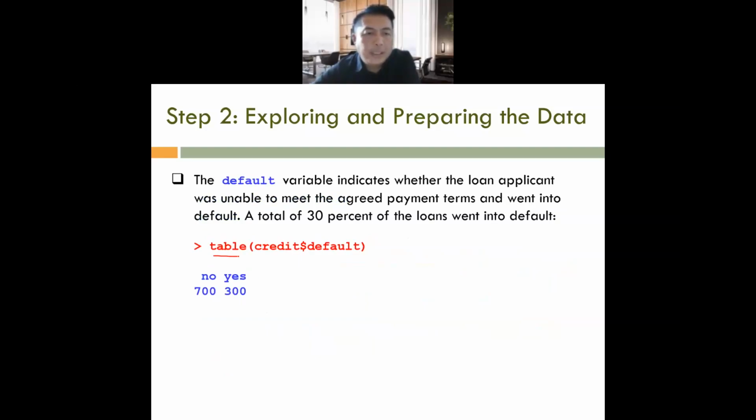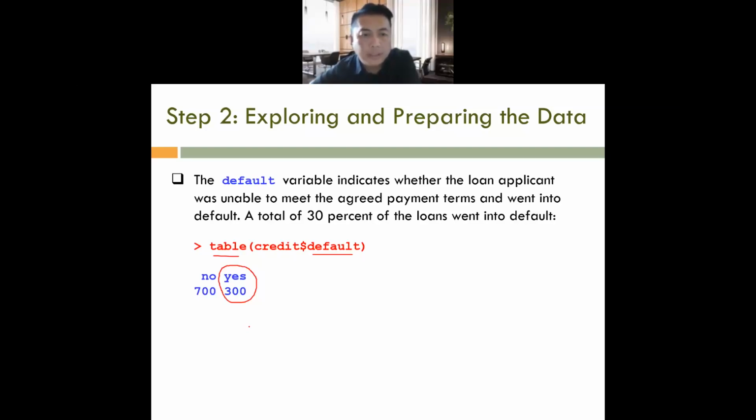We can use the table statement to look at the number of items for each column. So for example, this one we look at the column default. Default yes means they're not paying the loan. So that means 30% of the population don't pay the loan.